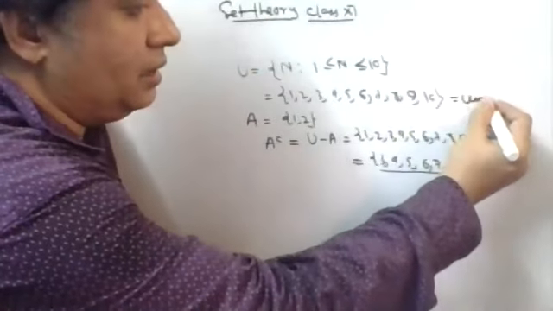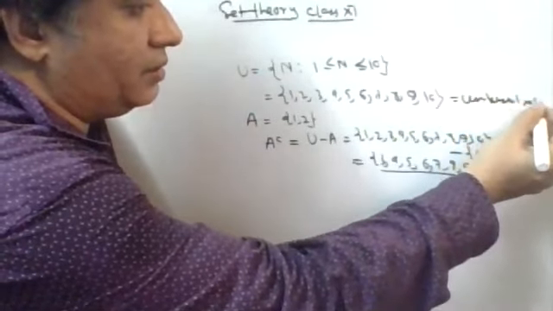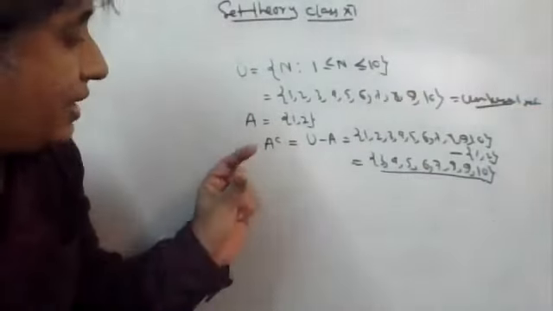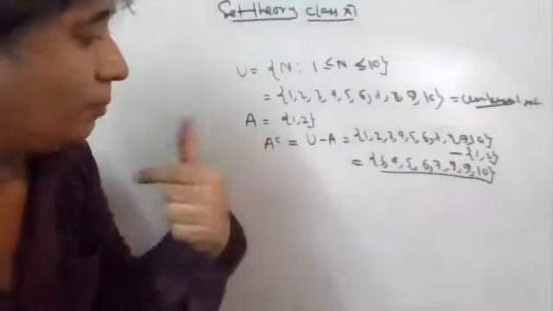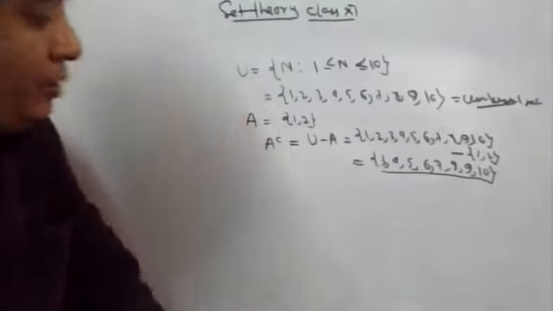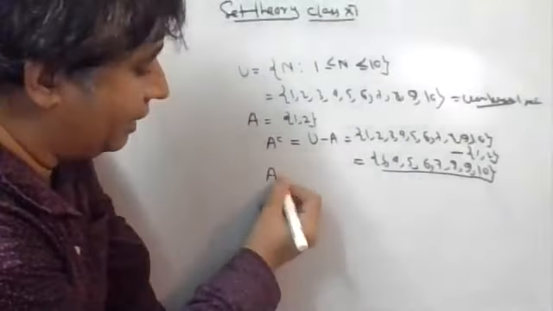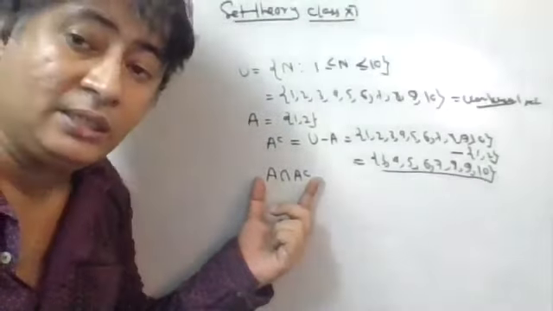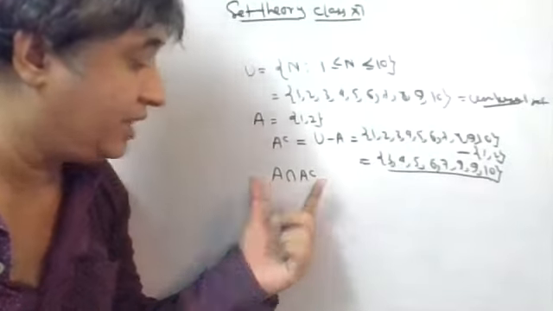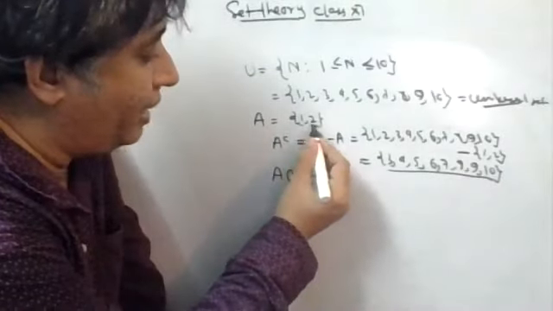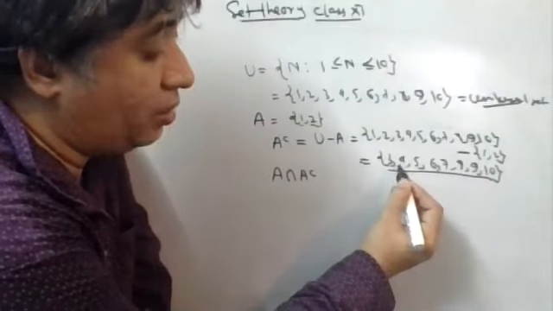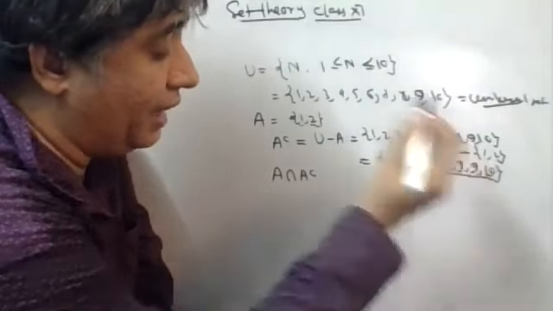This is the universal set. Understood what is a set and its complement? Now you tell me, what is A intersection A complement? A contains 1 and 2, and A complement contains 3, 4, 5, 6, 7, 8, 9, 10.